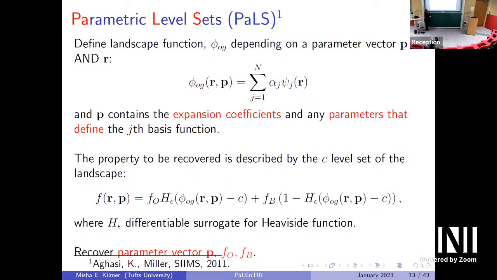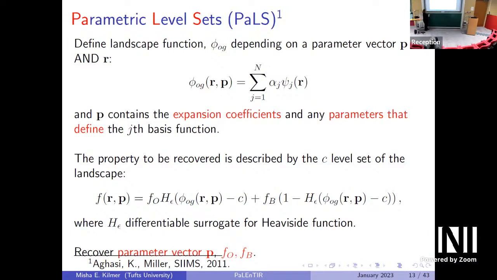So the original parametric level set method, or PALS method, took this, for lack of a better word now, I'm calling it a landscape function. The O and the G just means it's the original kind of approach that we thought of. And the landscape function then is going to be a linear combination of capital N basis functions, phi j of r.